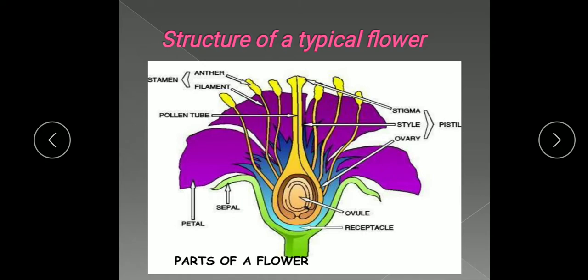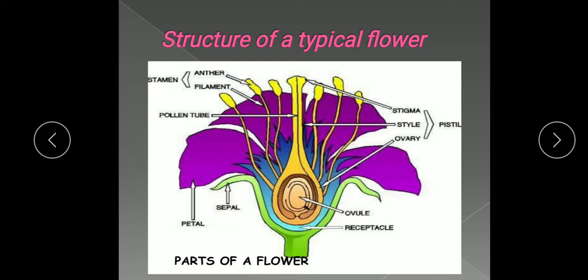These floral whorls or floral parts are divided into two groups, non-essential parts and essential parts. Non-essential parts are also known as accessory organs, and they are two, that is sepals and petals. Sepals together are known as the calyx, and petals together are known as the corolla. They are non-essential as they do not take part in reproduction directly.